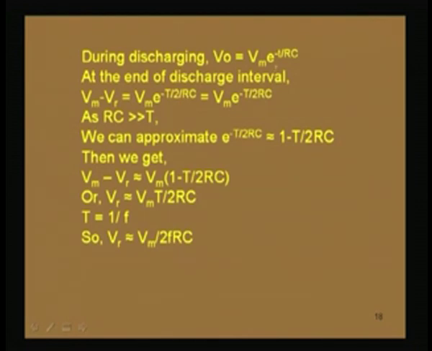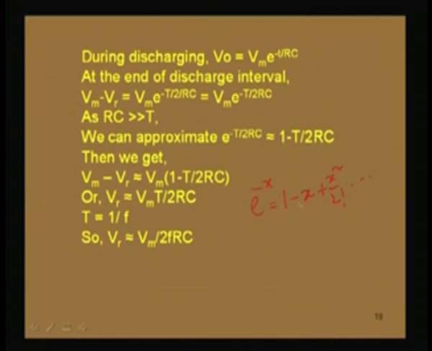Here I am using that approximation again, because RC is very much greater than T, then we can write down this expression: e to the power minus T by 2RC equals 1 minus T by 2RC. This is the power series, the exponential series, e to the power minus x equals 1 minus x plus x square by factorial 2, etc. Here, if x is very small, like in this case where this T is very less as compared to RC that we have assumed, only then it will practically be a good rectifier.